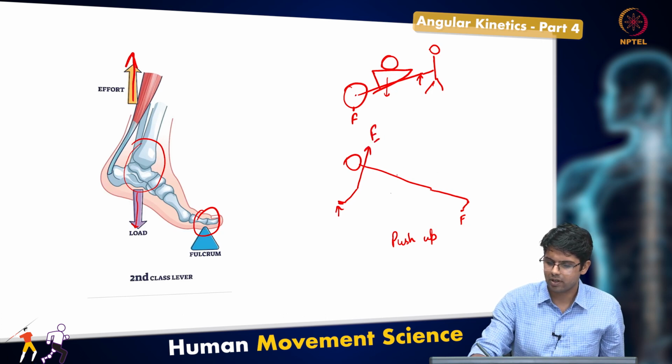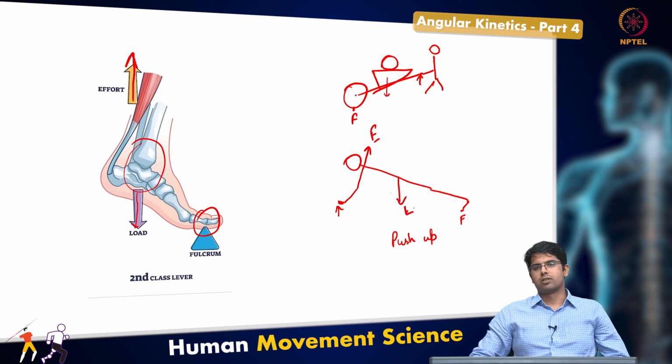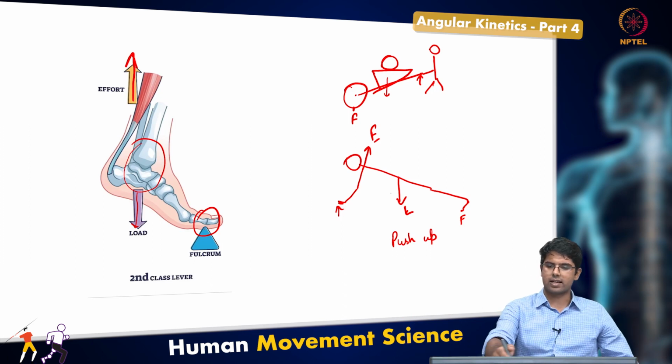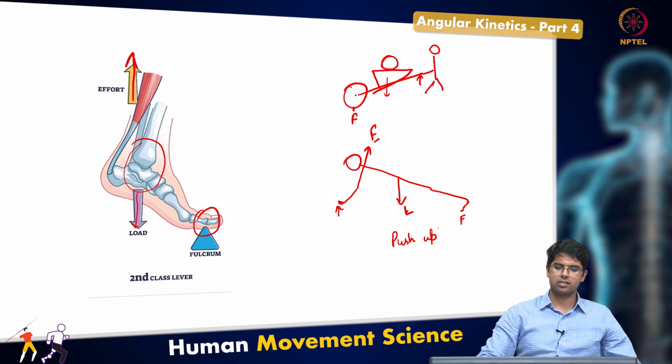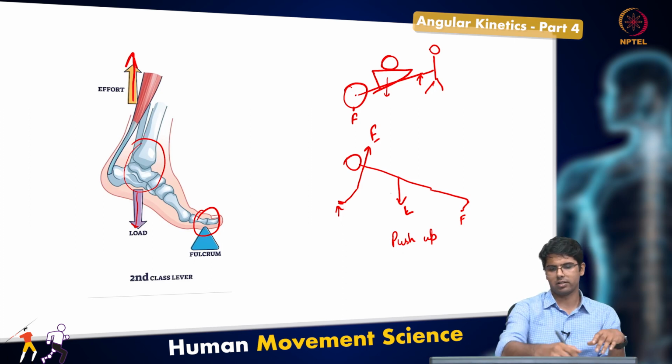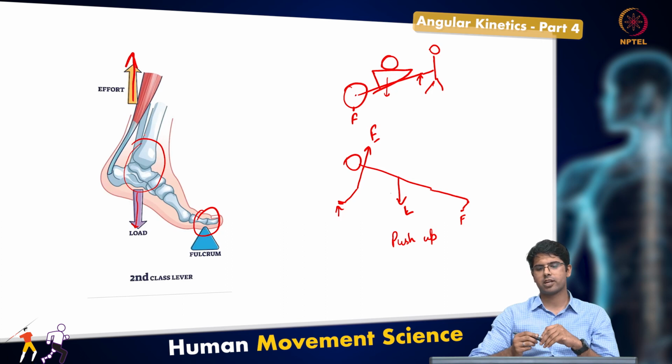So effort, and this is the weight or the load. So overall, as a whole system, the body acts as a lever of second class. In this case, this particular joint and the limb segments involved form a lever of the second class.